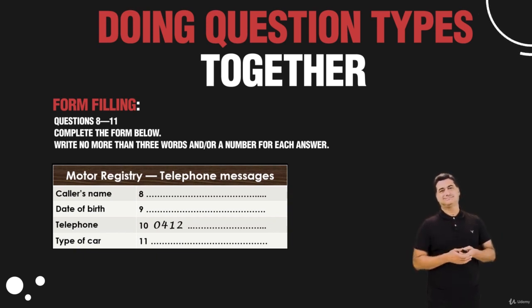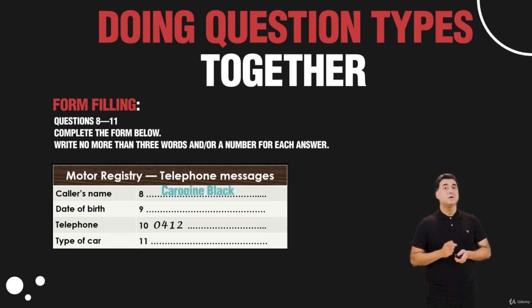Oh, no, the computers aren't working right now. You'll have to give me your details and I'll call you back. What's your name? Caroline Black. That's Caroline, Black. OK, and your date of birth? 22nd of November, 1984. November the 22nd.